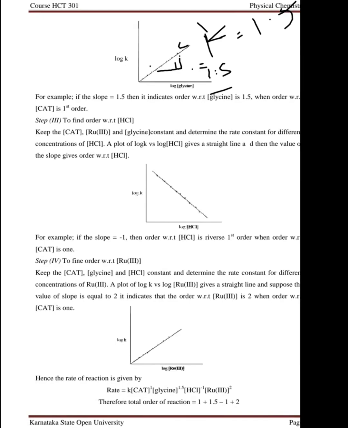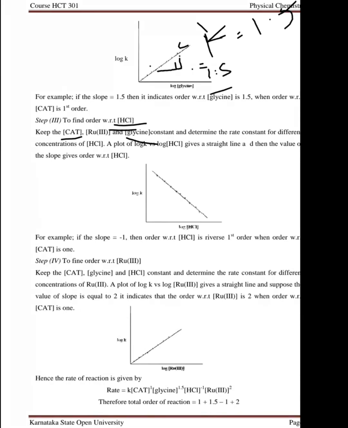So in the next step we are going to find the order of HCl while keeping chloramine T, ruthenium and glycine constant. By varying the concentration of HCl, here we are going to identify the rate of reaction or rate constant of HCl.